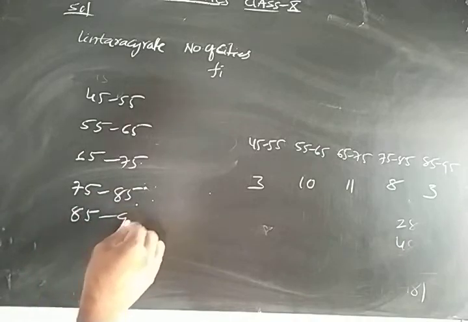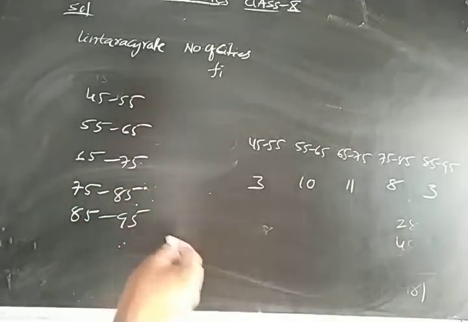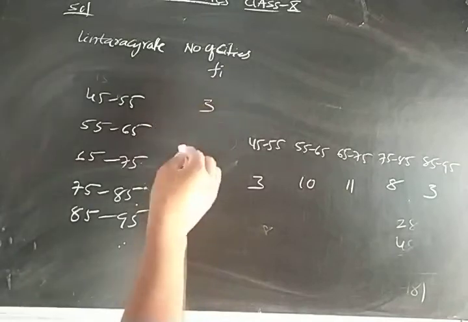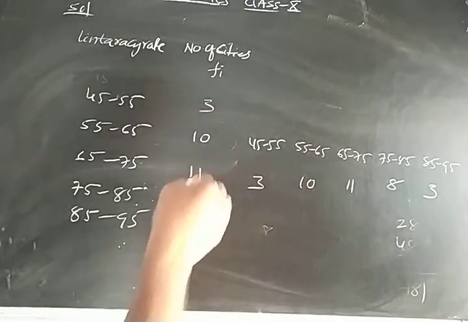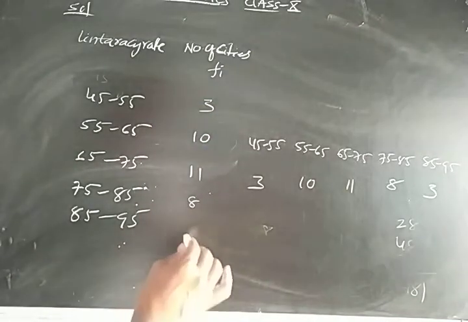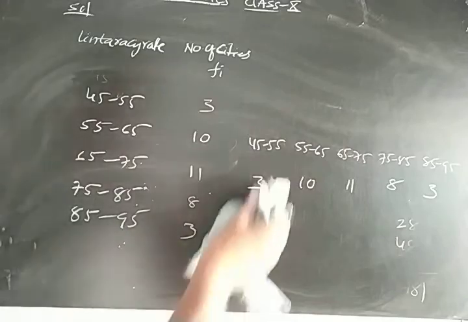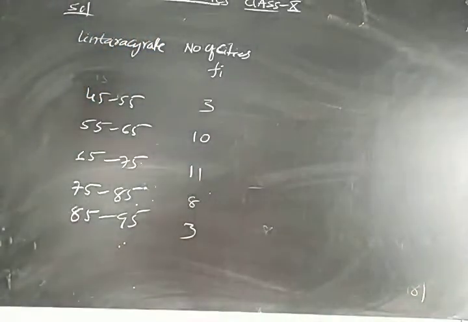And the frequencies are also given: for the first interval 3, next 10, next 11, next 8, next 3. So this is the question. So I am constructing the table to find the mean.